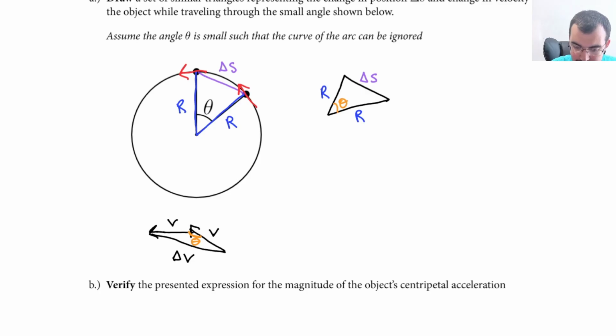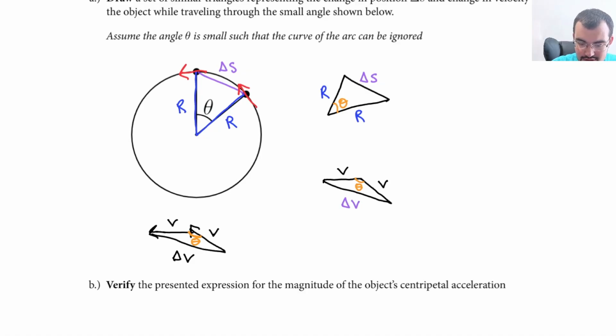We said that maybe we have a velocity vector v. I'm just getting rid of the arrowheads to make it look nicer. And the side we were interested in was this delta v. Again, I'm just doing tip to tail addition here.